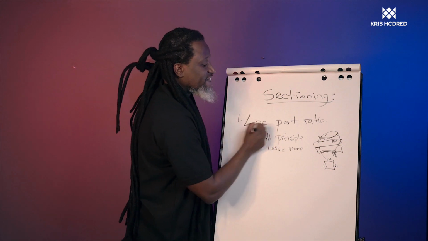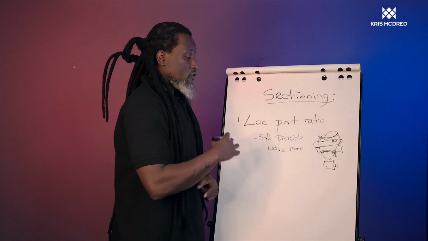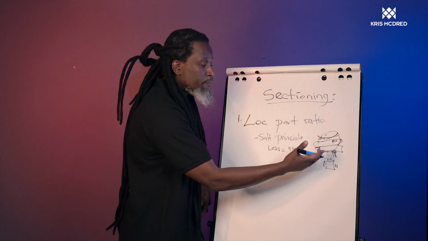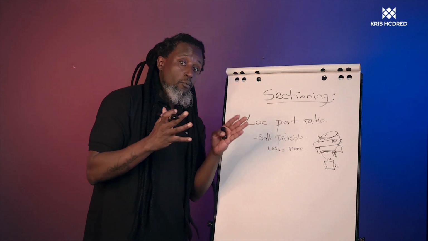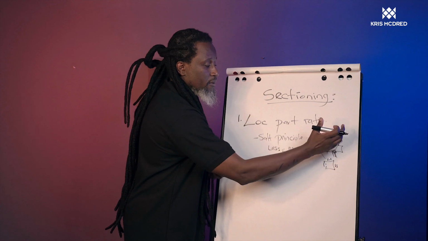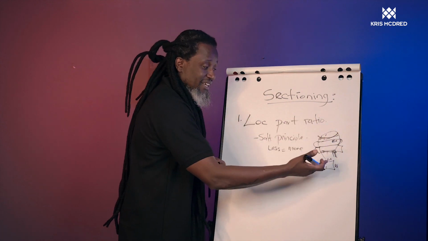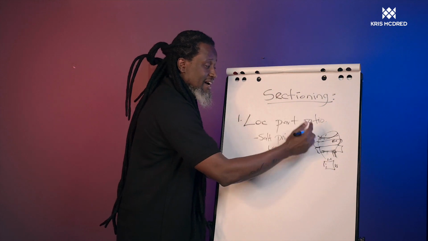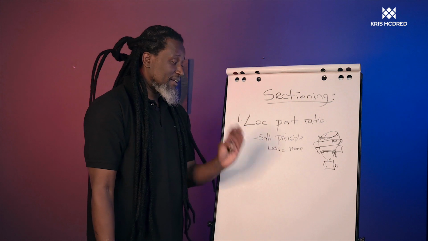You can't force the loc part ratio to be in a matrix form. You have to evolve with every client, and you have to adapt. You have to be fluid like water and fit into the space of the person that you're employing the technique on, and that is loc part ratio. I hope it makes sense.